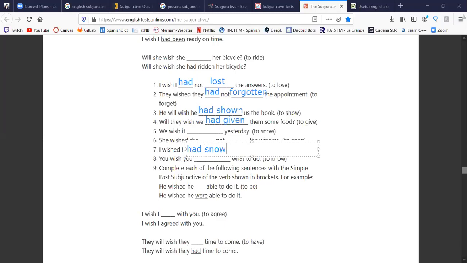Snowed. Oh, yeah, that one is just the same. Okay, we wish it had snowed yesterday.